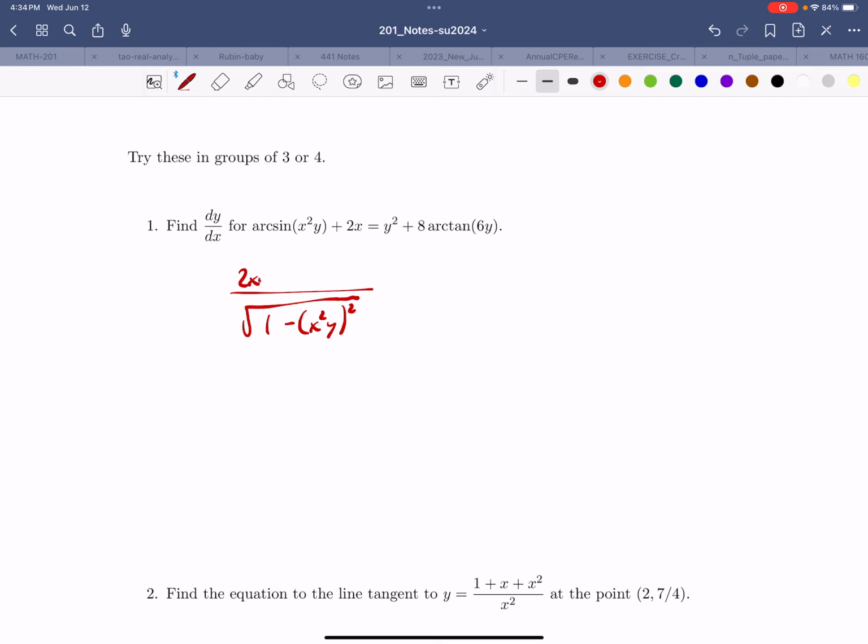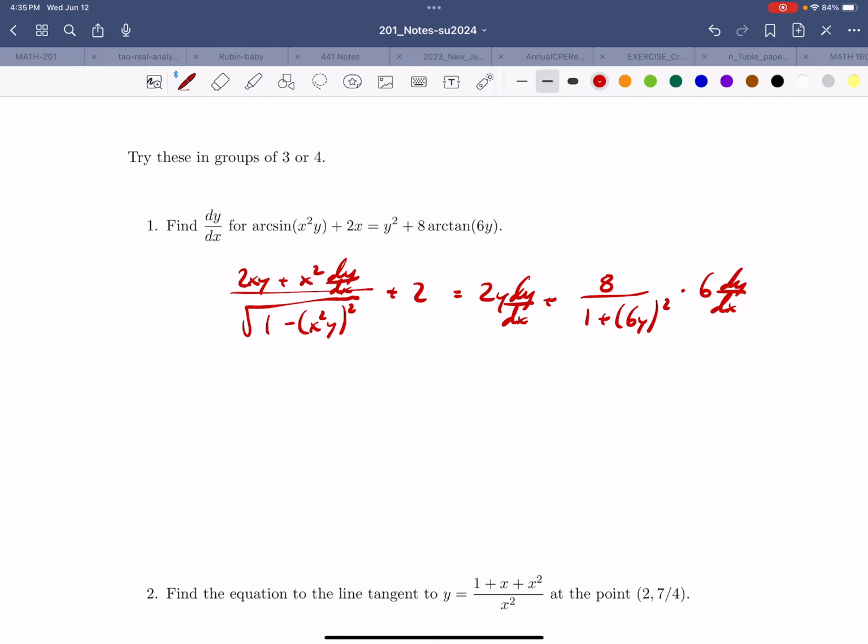That's going to be 2xy plus x squared dy over dx. And then plus 2. And then 2y dy over dx, remember chain rule. Plus 8 arctan of 6y, so that's going to be 8 over 1 plus the quantity 6y squared. But then it's going to be times 6 dy over dx, because that's the derivative of 6y.